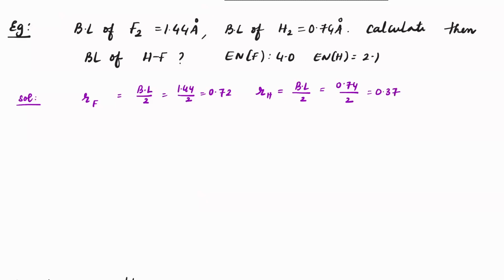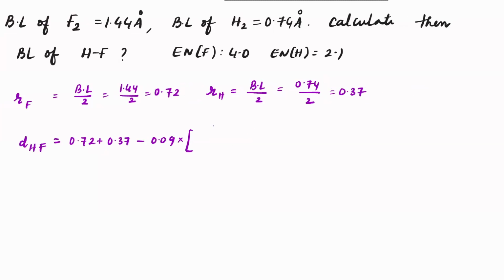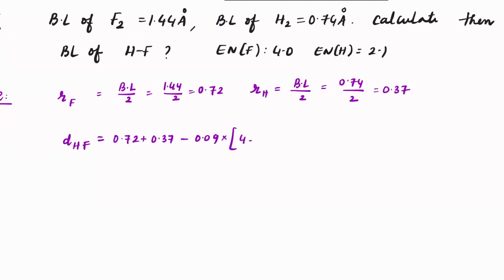And now I just need to put those values here. So D of HF will be equal to 0.72 plus 0.37 minus 0.09 into the electronegativity difference: fluorine is 4, hydrogen is 2.1.